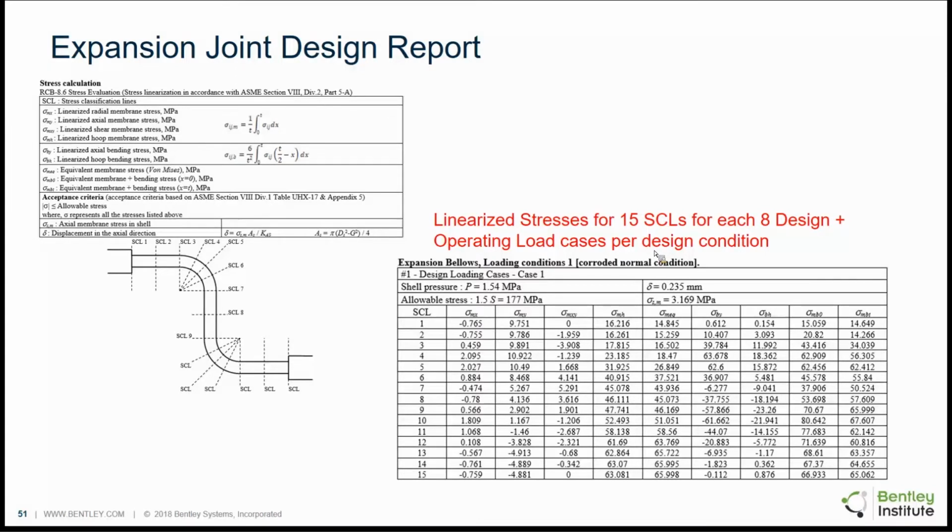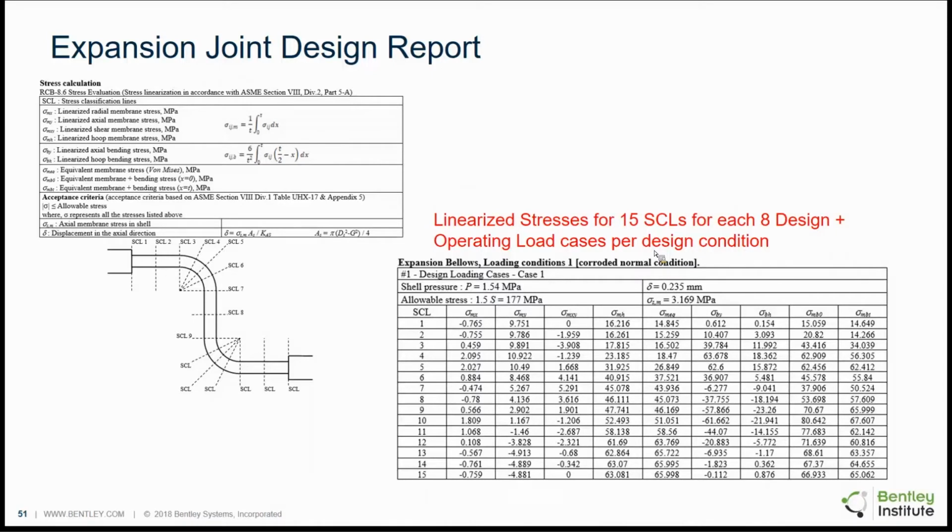So this table is only for one load condition, loading case. So it's the design loading case 1, and there are 4 design loading cases and 4 operating. So there are total 8 design plus operating loading cases, and there are 15 stress classification lines per loading case. So there are essentially 120 calculations that need to be performed for just one load condition, and there are multiple load conditions in the tube sheet calculation, right?